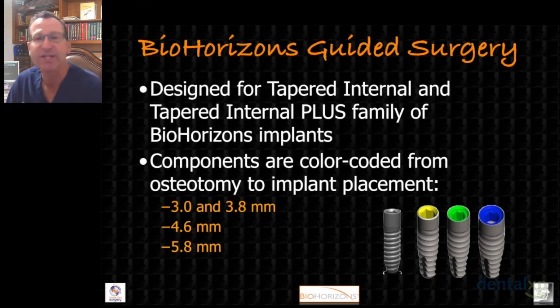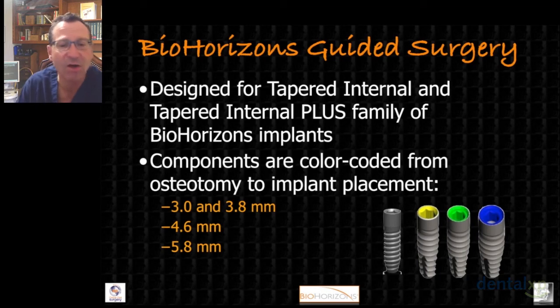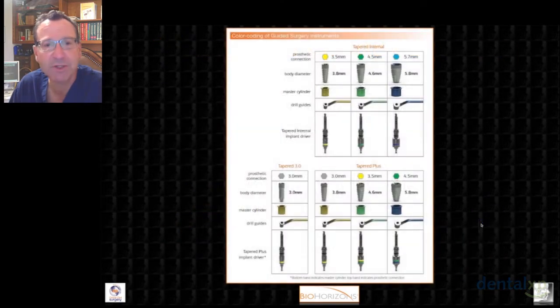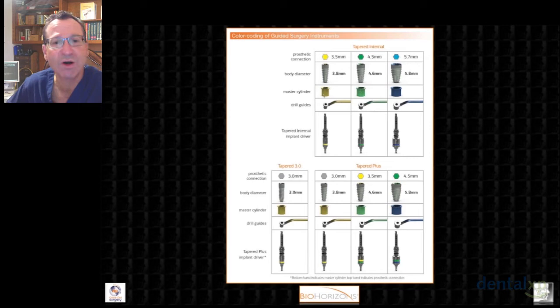What's nice is that the implants are all color-coded from osteotomy all through implant placement. The narrow diameter 3.0s are gray, 3.8s are yellow, 4.6s are green, and the 5.8 is blue. Not only are the implants color-coded, but so are all the instruments. Our master cylinders, drill guides and drivers are color-coded appropriately.